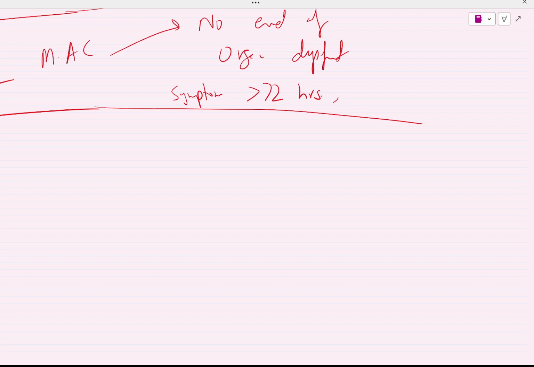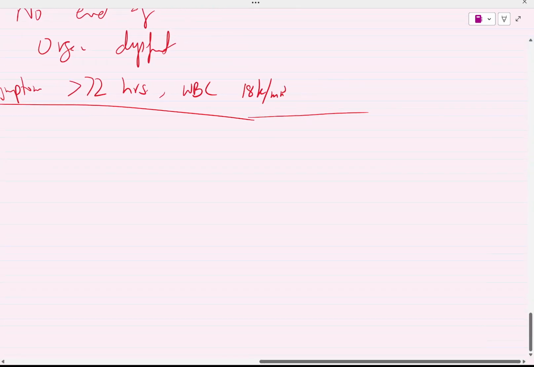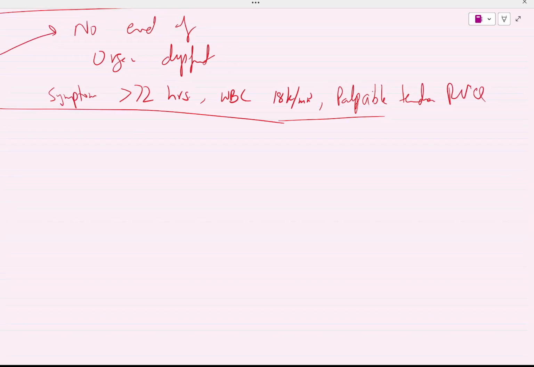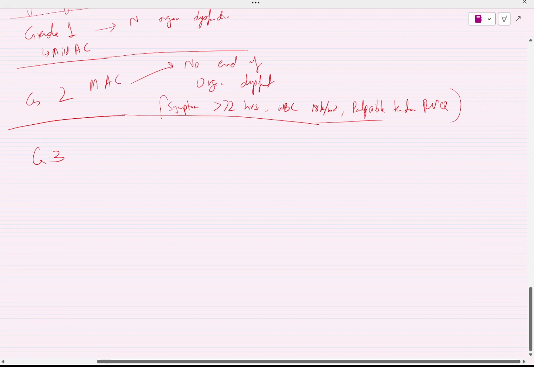You check the patient's white blood cell count and it is raised to more than 18K per cubic millimeter. You palpate the right upper quadrant and there is palpable tenderness. If any feature of biliary disease is present, you will place the patient in grade 2, moderate acute cholecystitis.